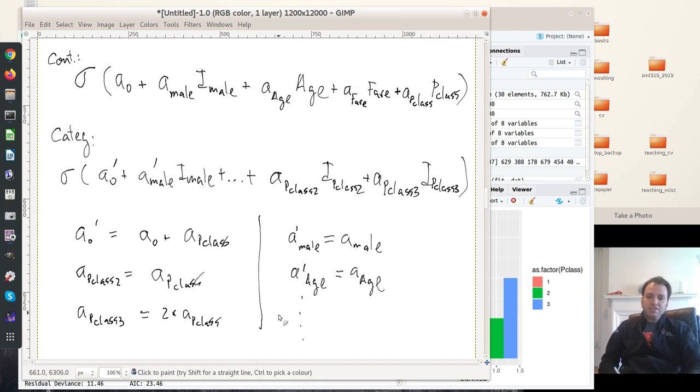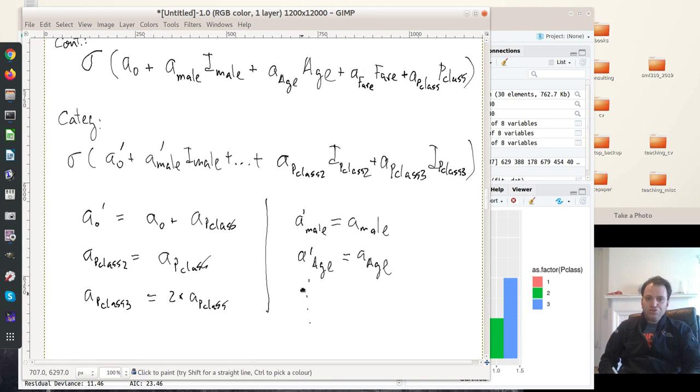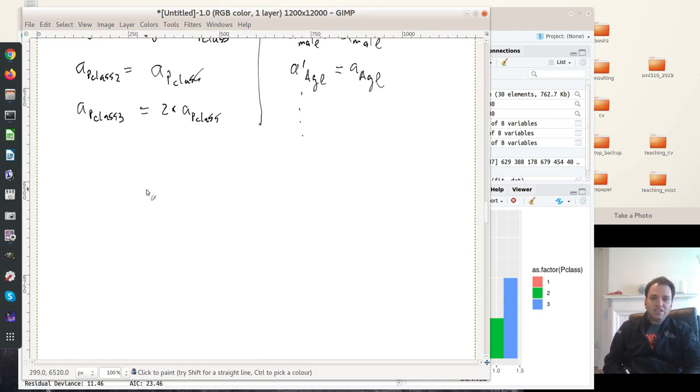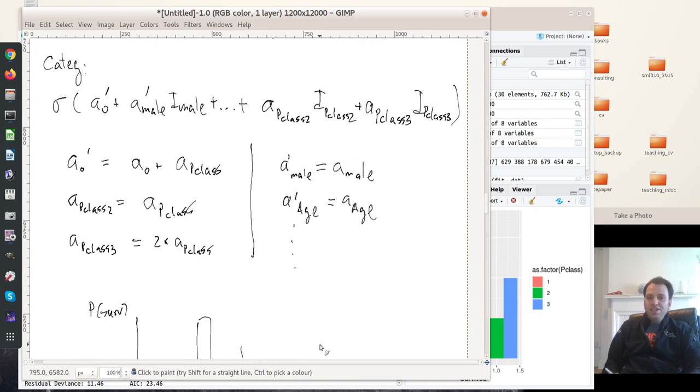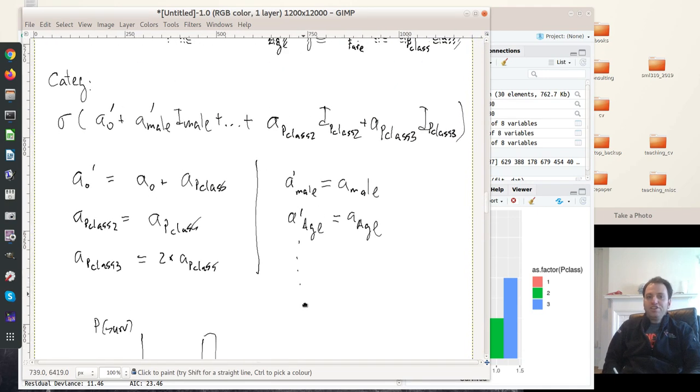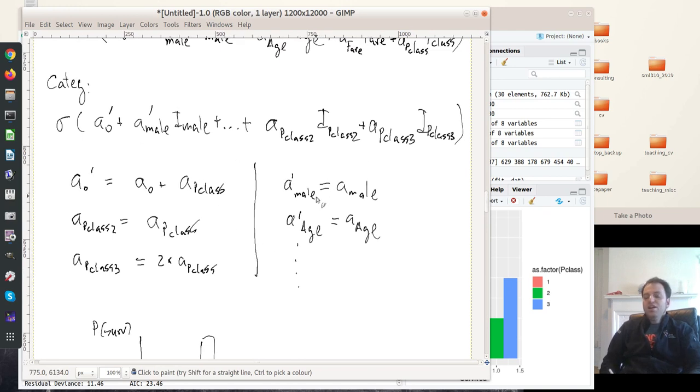So that means that if the data truly looks like this, where this is the probability of survival, so it's low for first class, and then it's higher for second class, and then it's lower for third class, then R is going to be able to make those kinds of predictions using the categorical version of the formula, but it just can't make those kinds of predictions using the continuous version of the formula.